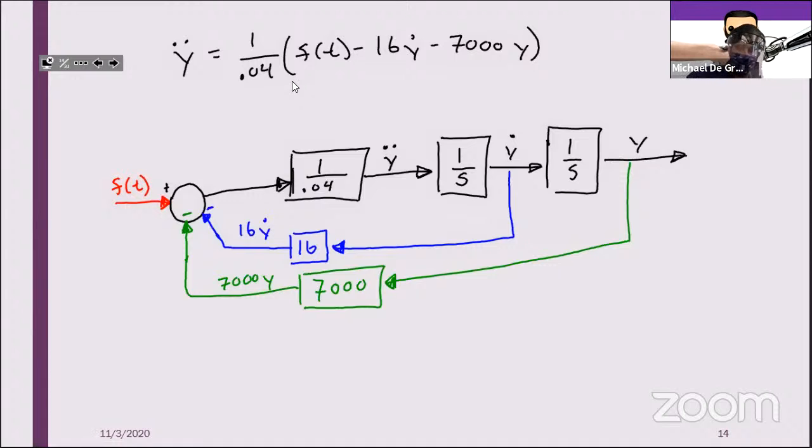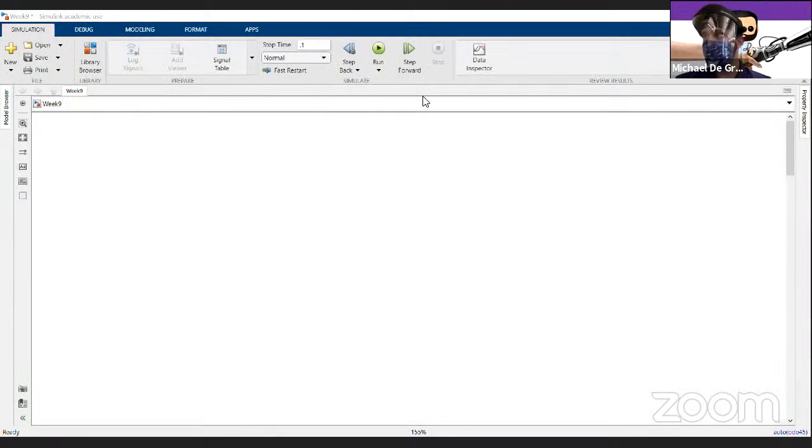Because what we're going to do is we're going to go into Simulink and we're going to build this from the ground up, okay? That's what we're going to do. So we're going to build this, right?